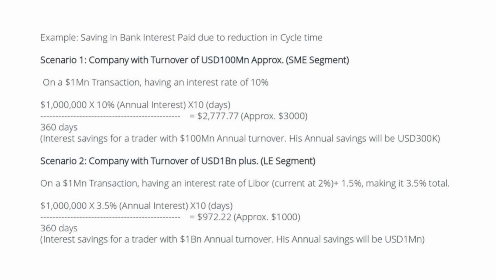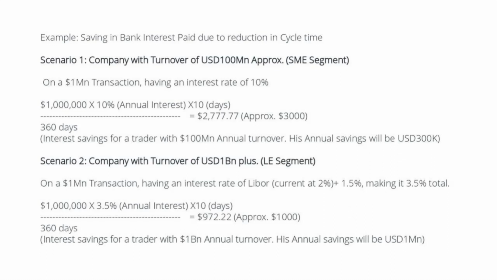Scenario one, where the company has a turnover of about 100 million US dollars annually, which we call the SME segment. Now, on a 1 million transaction, if he is looking at alternate financiers and not getting a good rate with the banks, we assume that they have an interest rate of about 10% annually.